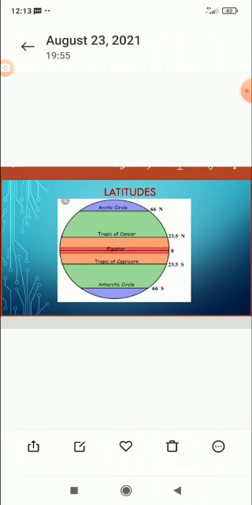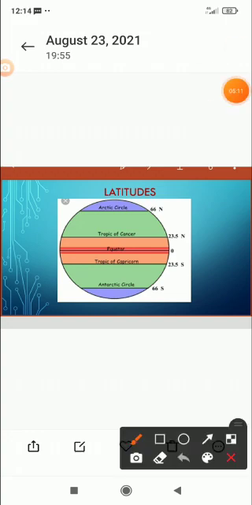Latitudes. These are imaginary lines that are drawn from west to east.